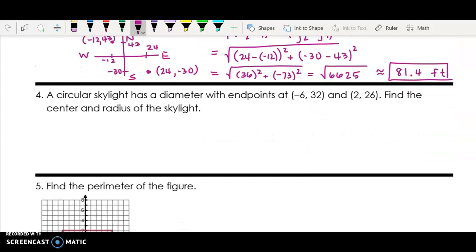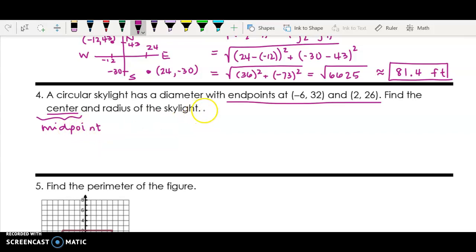Number 4, a circular skylight has a diameter with endpoints at (-6, 32) and (2, 26). We want to find the center and the radius of the skylight. I'm going to start off with the center. The center is also the midpoint of the diameter.